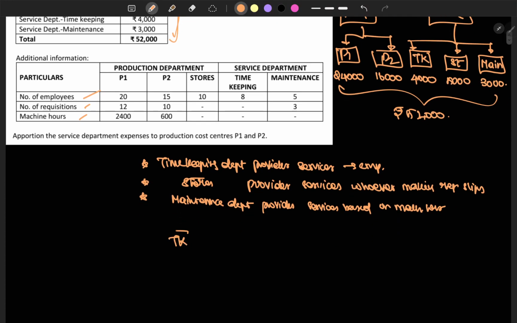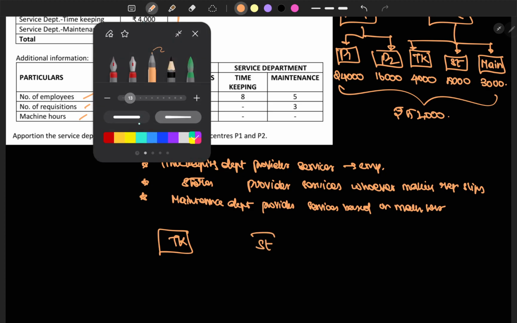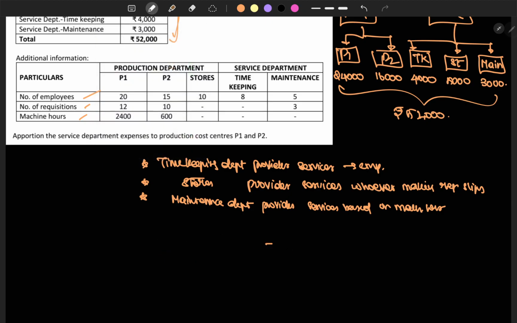So, three departments: timekeeping, stores, and maintenance. Here we can say that the number of employees are there in stores, timekeeping, and maintenance departments.